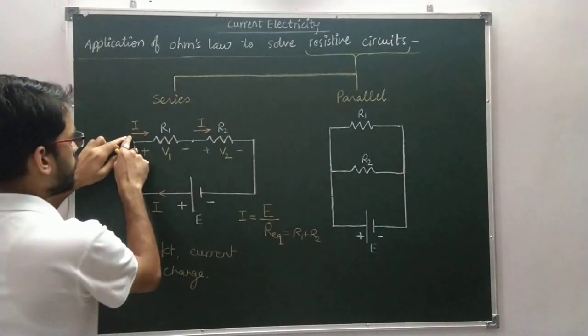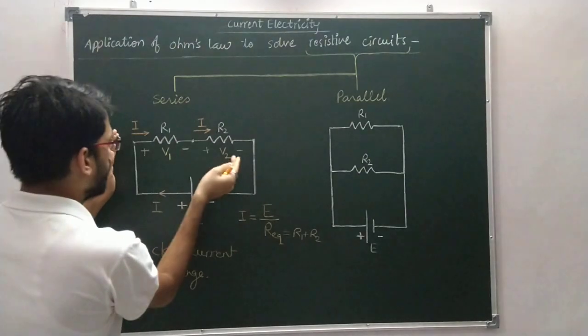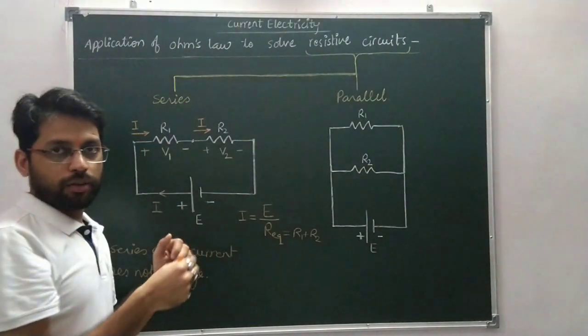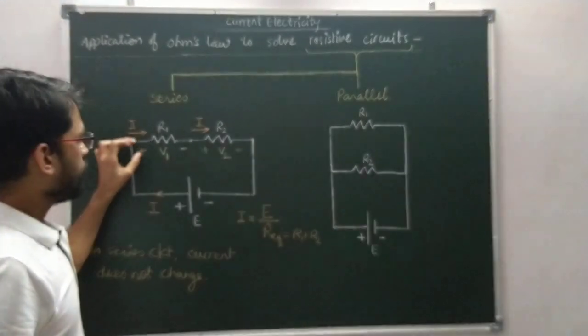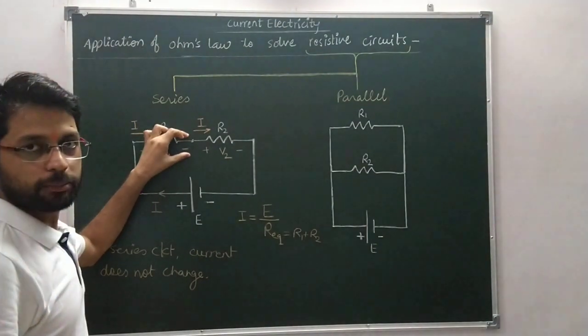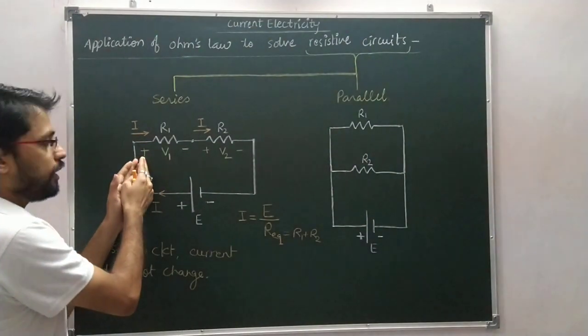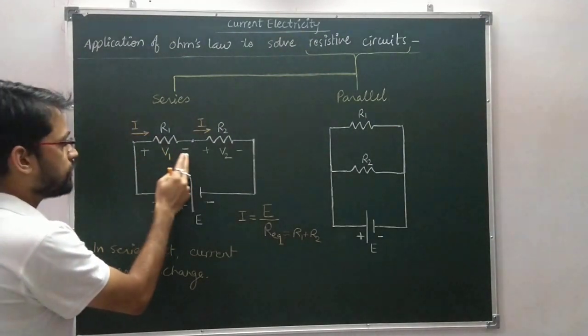So the current is flowing through the resistor R1 from left to right. It means the left end will be at higher potential and the right terminal will be at low potential. So this will be high and this will be low potential. So this is plus, this is minus.